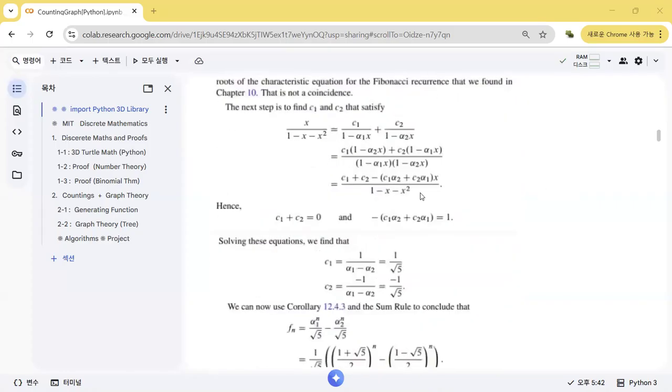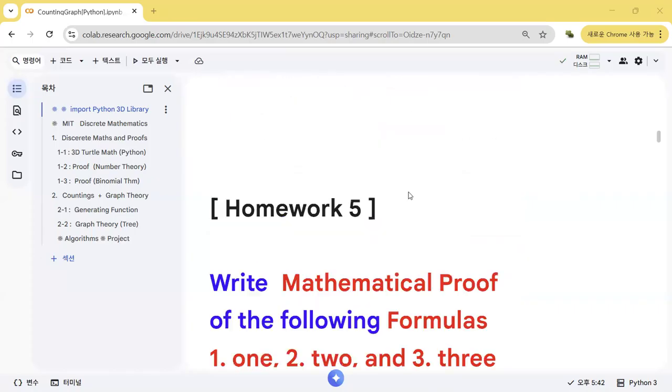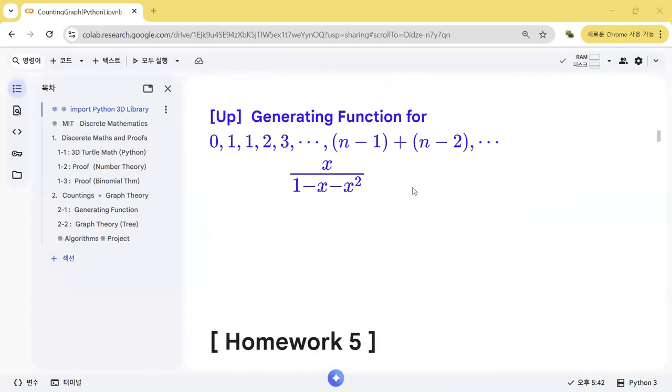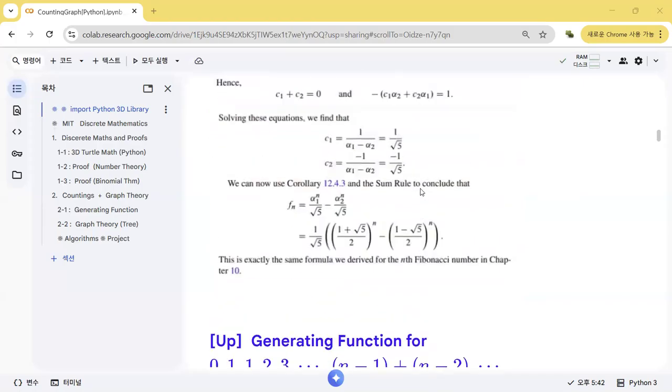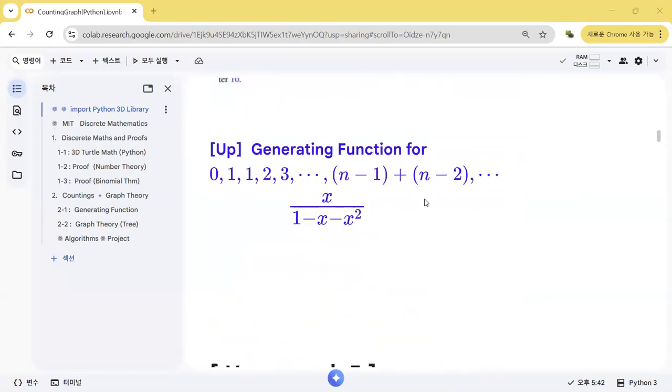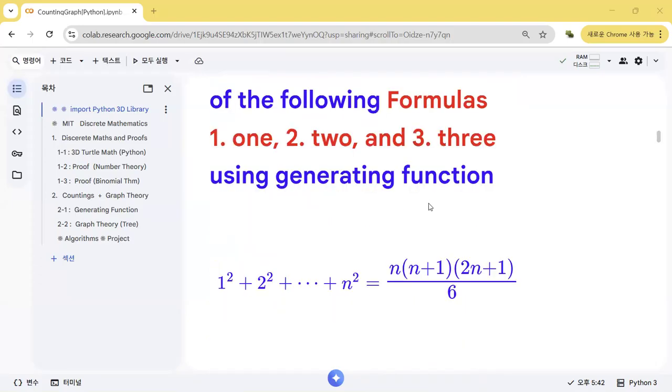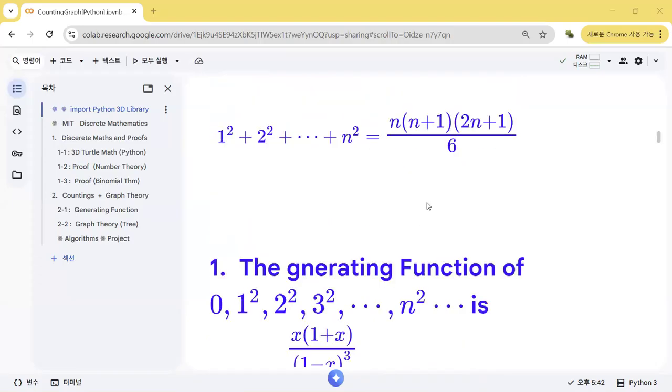So I changed my mind. Instead of this one, I just want you to know how to use a generating function to prove our old friend. This is our old friend.